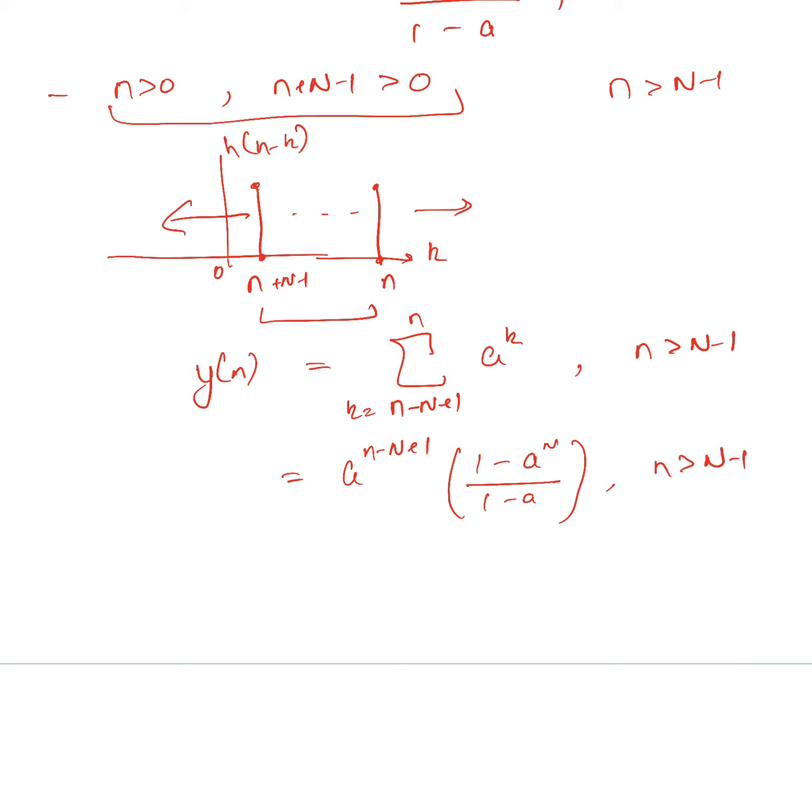Okay, so this is how you can compute the convolution for the given impulse response of the system and any arbitrary sequence x of n. Okay, so we can stop here today.